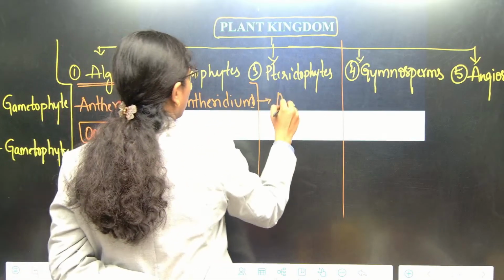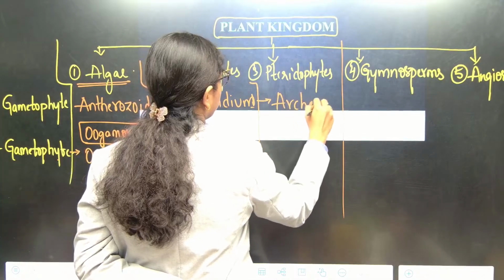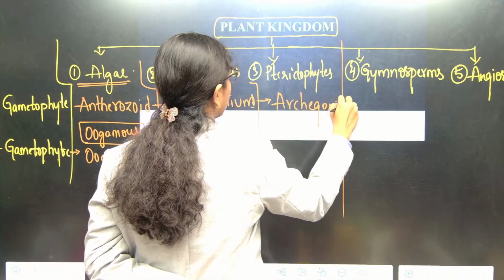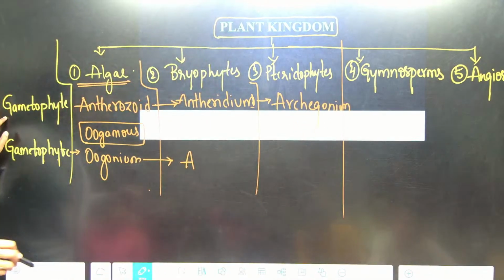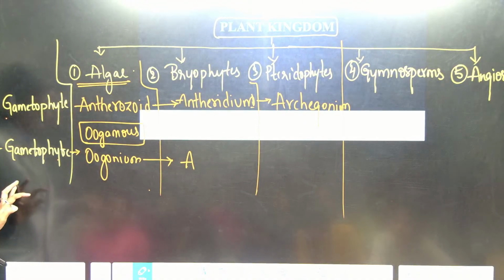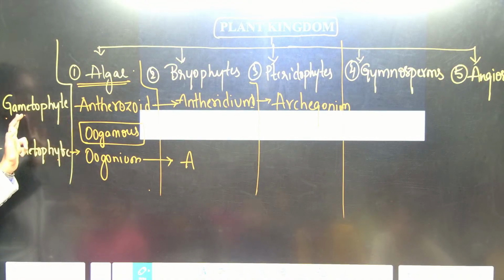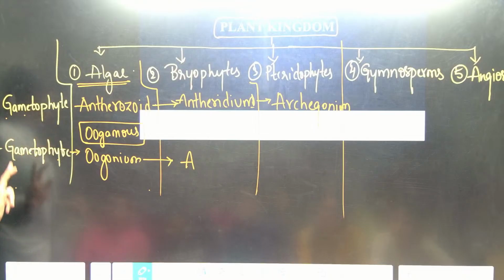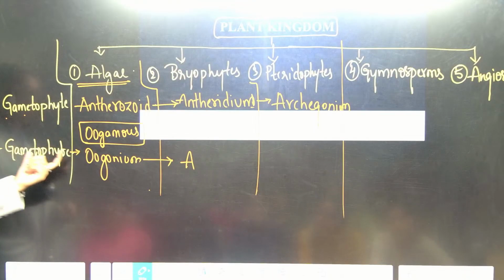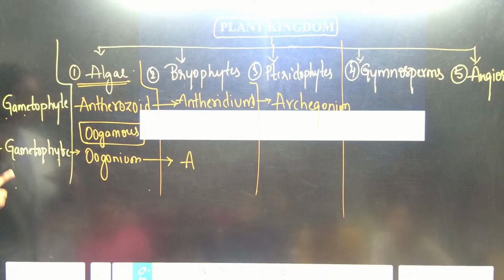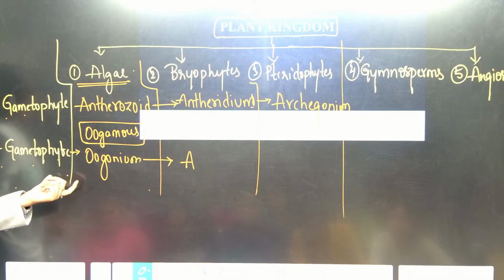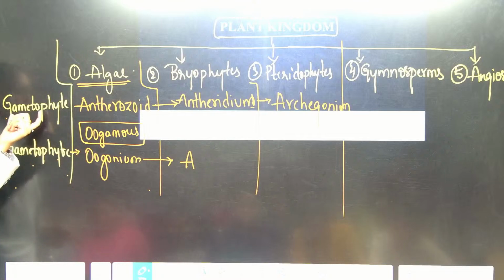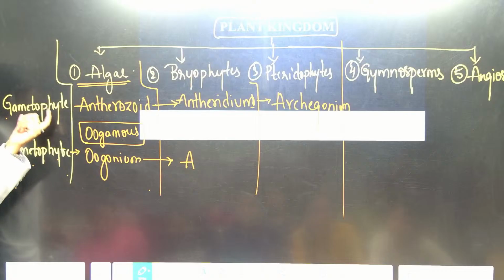Antheridium, archegonium. Be clear with the terms. Male gametophyte, female gametophyte, what does it mean? Male gametophyte is bearing the male gamete. Female gametophyte, phyte means plant body, gamete bearing. Female gametophyte, female gamete bearing. What will be the female gamete? Egg cell will be the female gamete. Antherozoid or sperm cell will be the male gamete.